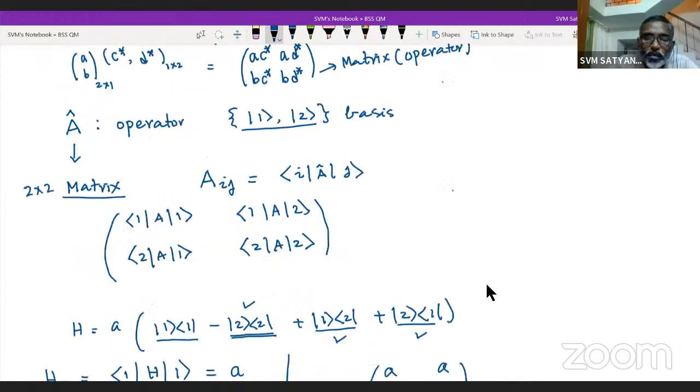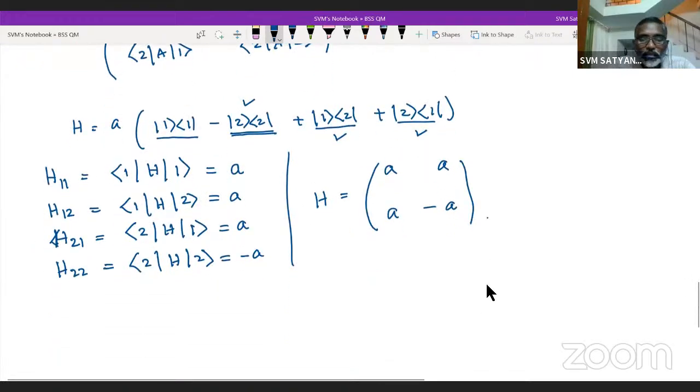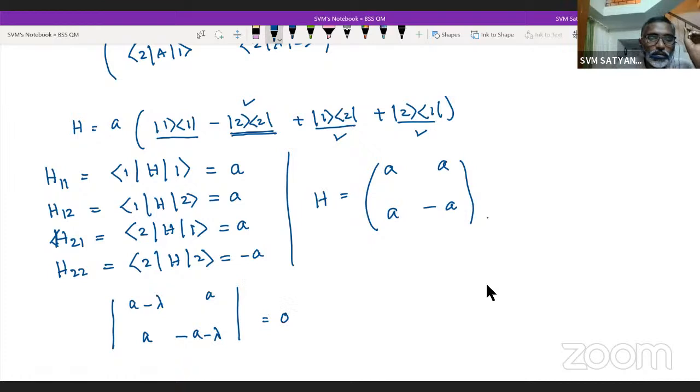Okay, so that is the Hamiltonian matrix. Now you can ask a question: what are the eigenvalues and eigenvectors of this? How do you find the eigenvalues? You look at the determinant of A minus lambda, A, A, minus A minus lambda, equal to 0.